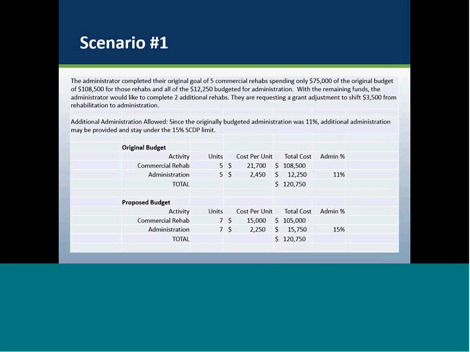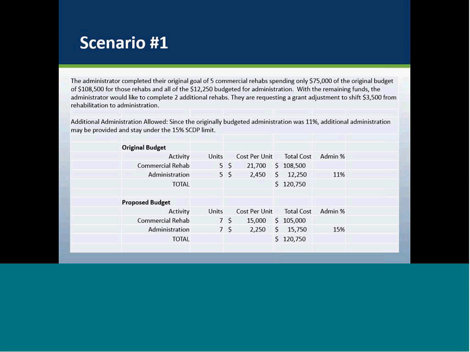With the remaining funds, the administrator would love to complete 2 additional rehabs, requesting a grant adjustment to shift $30 from rehab to admin.